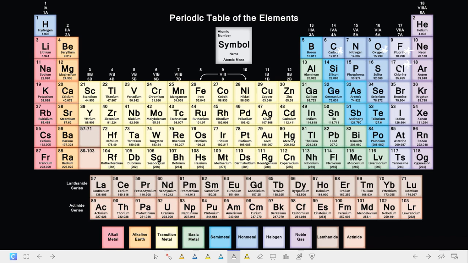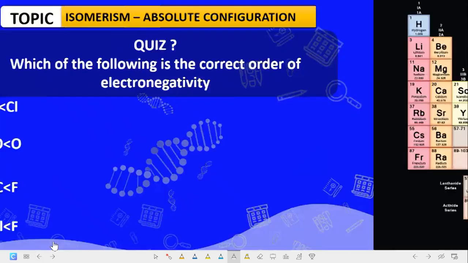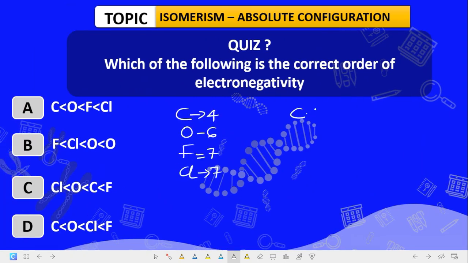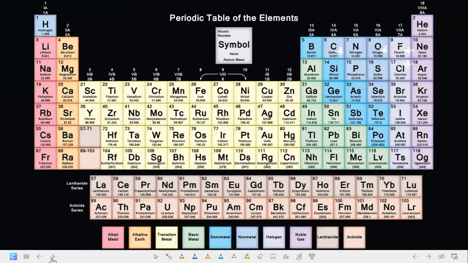But chlorine is greater than oxygen and carbon. So it follows that carbon is less than oxygen, less than chlorine, which is less than fluorine. So the correct order is carbon, less than oxygen, less than chlorine, less than fluorine, and that makes option D the correct answer to this question.